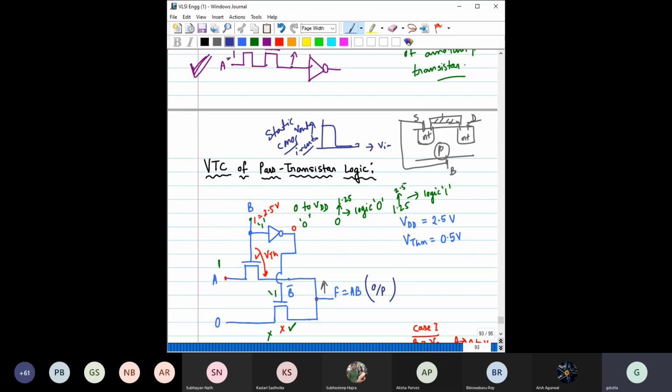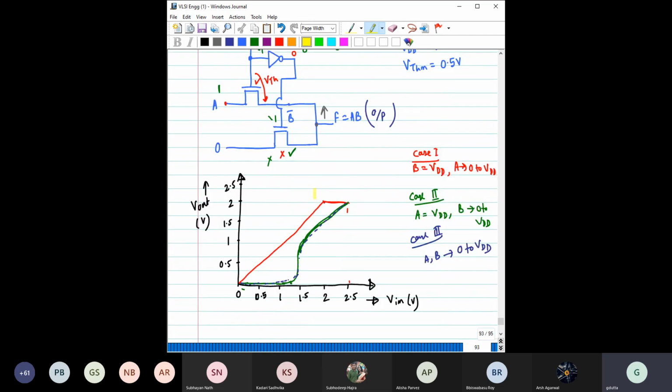If noise has been introduced, then there should be some characteristics of a voltage transfer characteristic so that it can eliminate that noise, right? For that, the VTC should be like this, flat somewhere, flat here also, and in between it should have a high negative slope. That is the characteristic of a regenerative circuit.